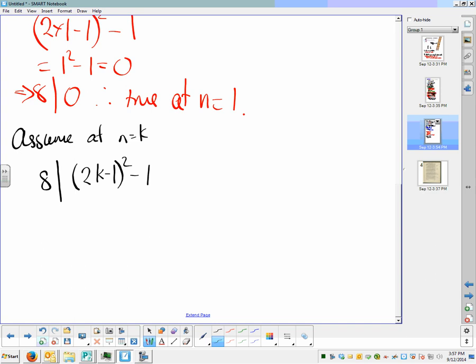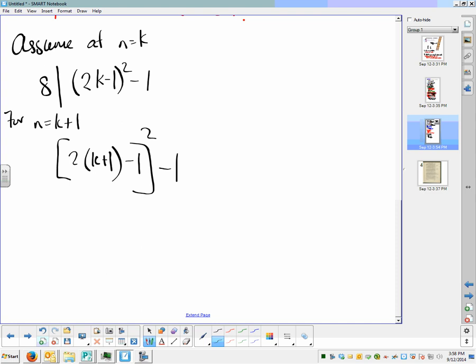And I'm going to show that the same is true for k plus 1. So let's do that. For k plus 1, well, what number am I interested in for k plus 1? I'm interested in this number. Instead of 2k minus 1, it's 2k plus 1 minus 1 all squared, and take 1 away from that. So that's the next odd number squared.